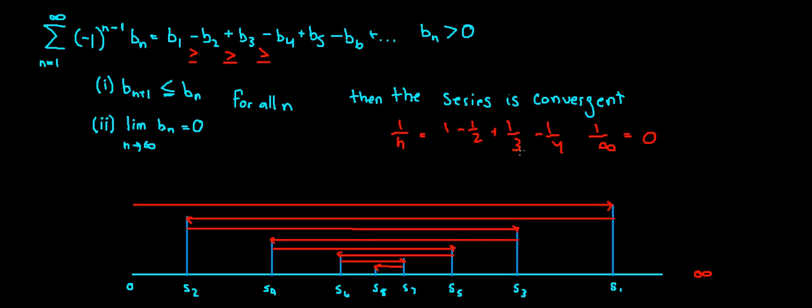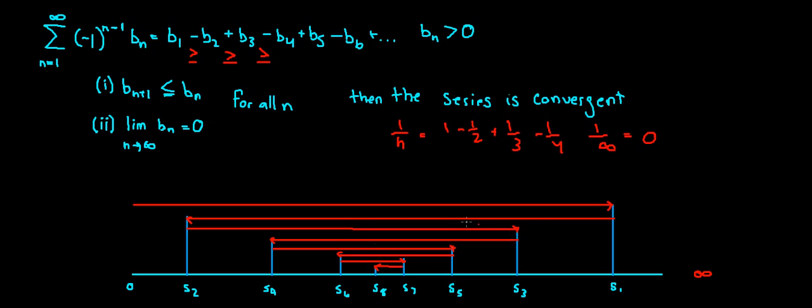But since the third term is smaller than the second term, when I add to this, it's not going to make up for the subtraction from the first sum right here. First one, it is whatever the number is. Second one, I subtract a number that's smaller than the first term. And then for the third term, I add a number that's smaller than the second term, so it's not going to be able to get back up here. And basically this whole process repeats itself.